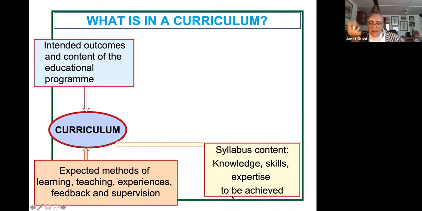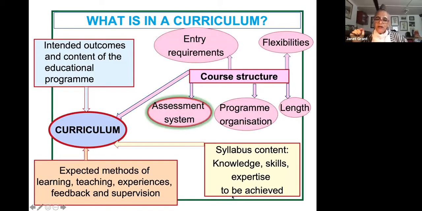The expected methods of learning, of teaching, the experiences, the feedback, the supervision, and then some course structure that includes the entry requirements, the flexibilities that you've got within your structure, the length of the thing, the organization of the thing, and the assessment system. So all of that must be in your curriculum. That is your curriculum.